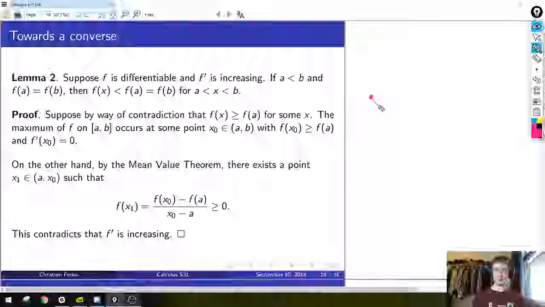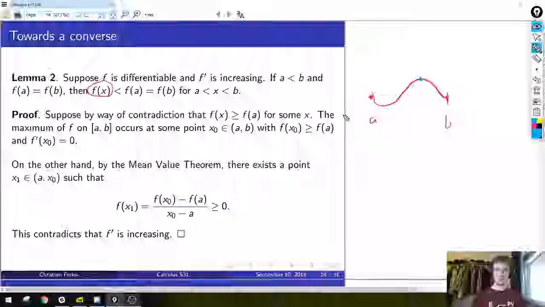So maybe there's something like this. So there's a function where f of a equals f of b. So again, you end where you start. It's kind of like Rolle's theorem. F of a equals f of b. The reason this can't happen, which is, we're claiming that you can't get anywhere bigger than your value at the endpoints. So the point where the claim would be false is, somewhere up here.